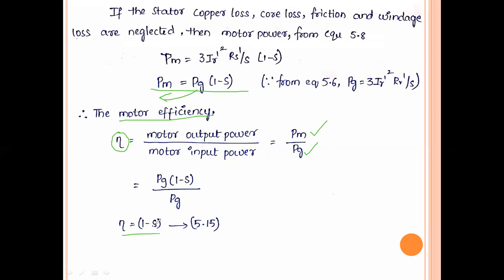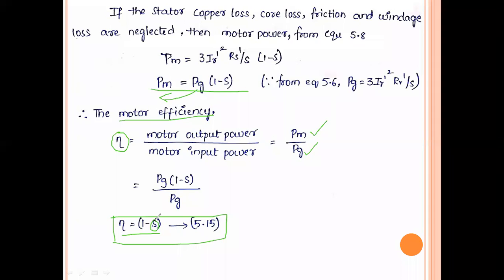From this equation 5.15, we can clearly say that the efficiency of the induction motor definitely depends upon the slip. But the slip is not constant.